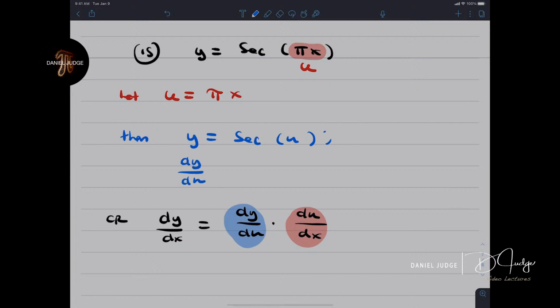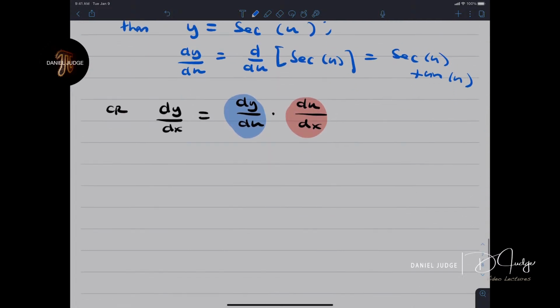So dy du, derivative of secant of u. Derivative of secant is secant tangent. So I write down secant u, tangent u for dy du.